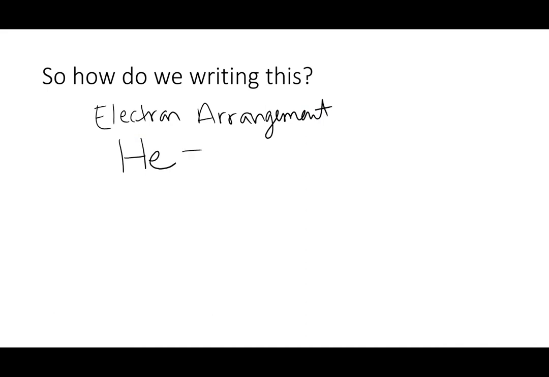So now we just write where those electrons are. How many books does the first bookshelf hold? It holds 2. So helium has 2 electrons, and both of those would go in the first energy level. Easy peasy.